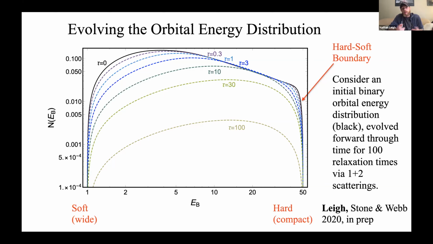So we can compute things like the back reaction on the host cluster and the time at which it bounces out of core collapse and goes from a very high central density state to a lower density state, mediated by the binaries exchanging energy to the singles and providing a heat source.